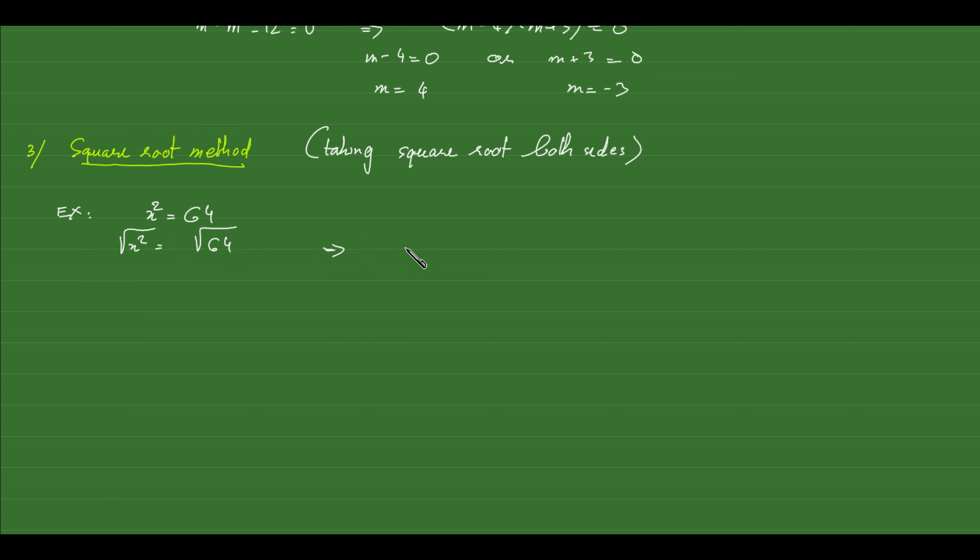So the square root of x squared, and the square root of 64 is plus or minus 8, because 8 times 8 is 64. Remember that, and negative 8 times negative 8 is also 64, so that's why we have to have plus or minus.